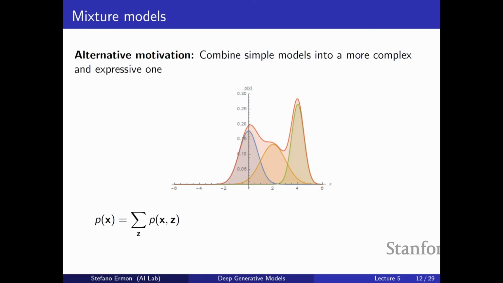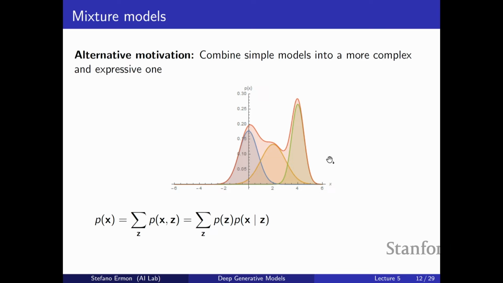Even though each of the individual components is pretty simple, it's just a bell curve, and there's not too much you can do about changing the shape of that function, the moment you start mixing them together, you can get much more interesting shapes for the probability density. The reason is that when you want to evaluate the probability under this mixture model, the probability of a data point X, what is that object?